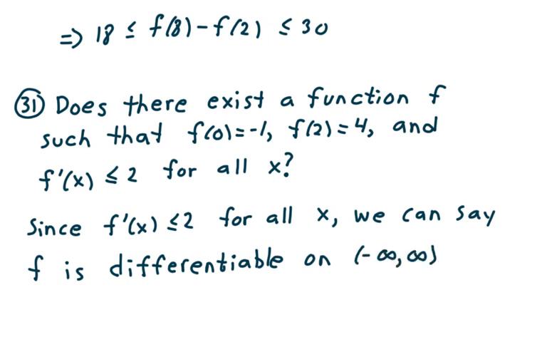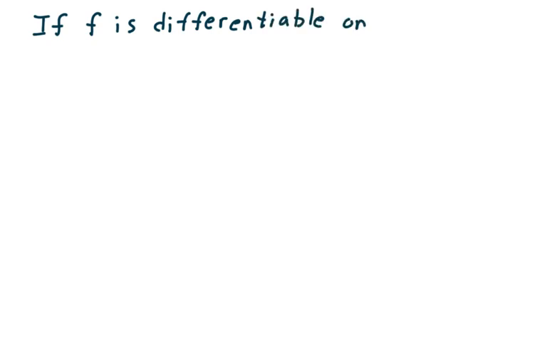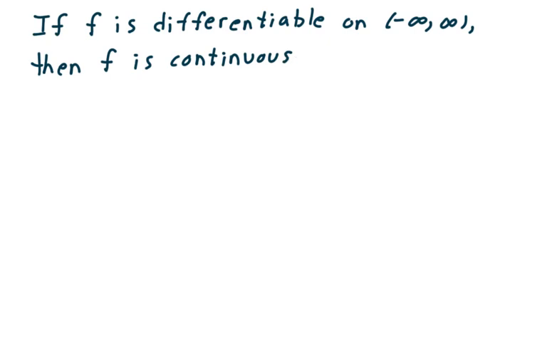It has to be open, right? And just like in problem 30, if f is differentiable on negative infinity to infinity, then we know f is continuous on negative infinity to infinity.